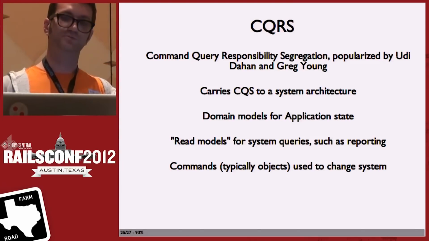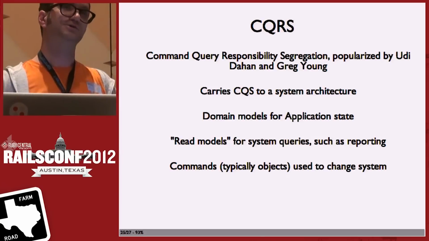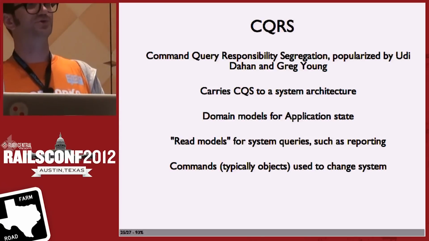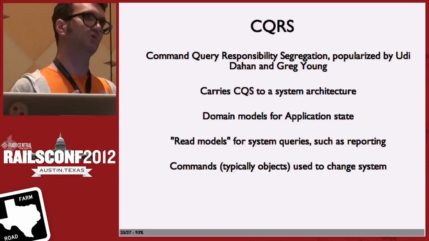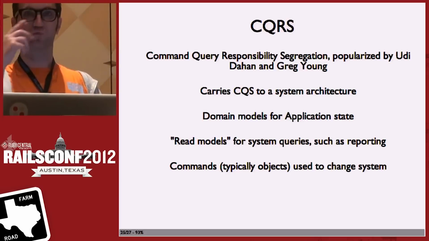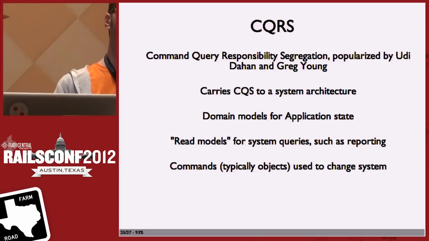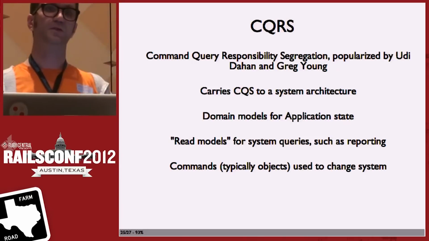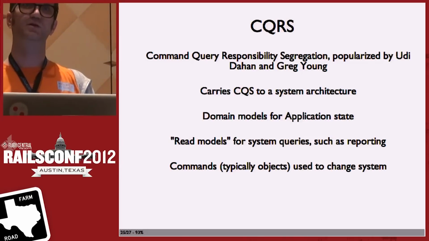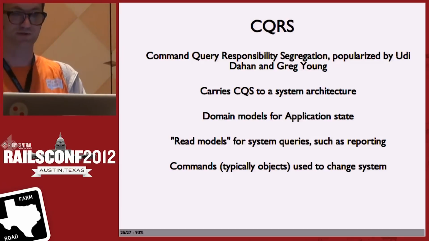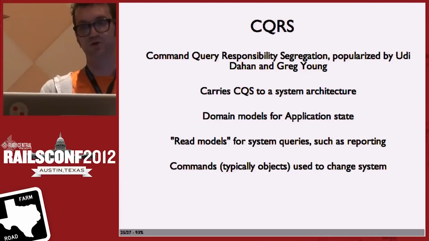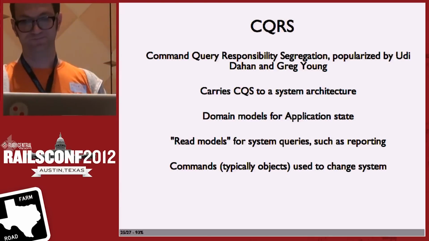And then we use commands, which in a CQRS architecture, a lot of times you'll use command objects. The command doesn't just represent a method call. You'll wrap that method call in an object that will handle responsibilities like validation, backgrounding, moving it into a message queue, that kind of stuff. So get it out of the request cycle that way.